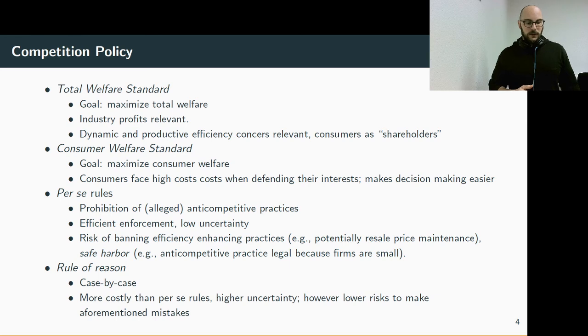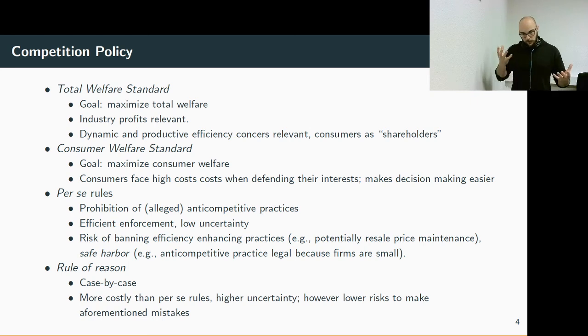However, a per se rule has the danger of us banning efficiency enhancing practices, right? An example that I would like to bring forward here is again resale price maintenance. Because if we always ban it, and there may be instances where it is efficiency enhancing, then it's probably not so smart to have it as a per se rule.